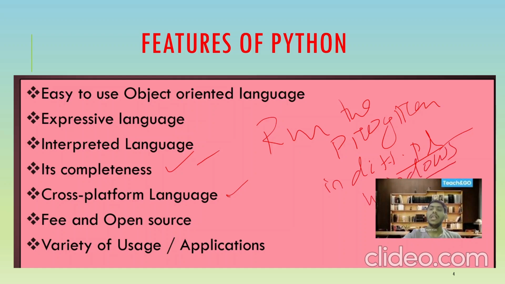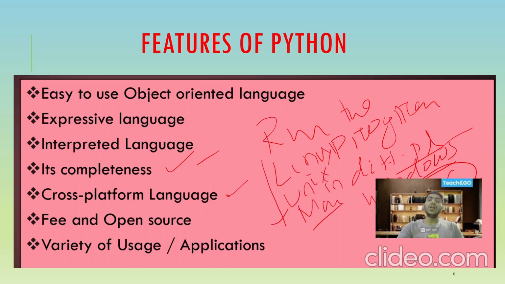Now a .pyc file will be generated after executing your file. That .pyc file we can run on every platform like Linux, Unix, Mac. This is called a cross platform language.